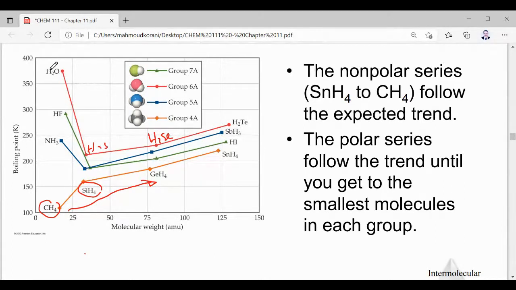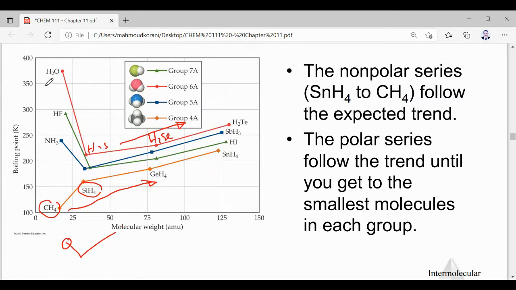Going from oxygen to sulfur to selenium to tellurium, the molecular weight increases. You could expect the boiling point to follow that direction, but there is an anomaly for the smallest molecule, water. From sulfur to selenium to tellurium the behavior is normal; the strange behavior comes for water, the smallest molecular weight.